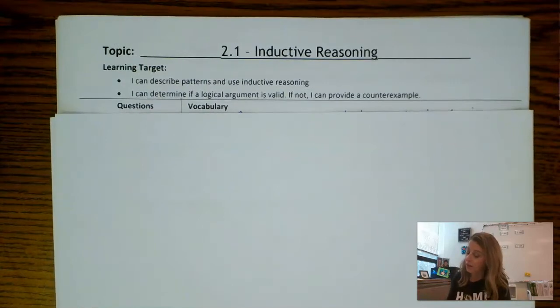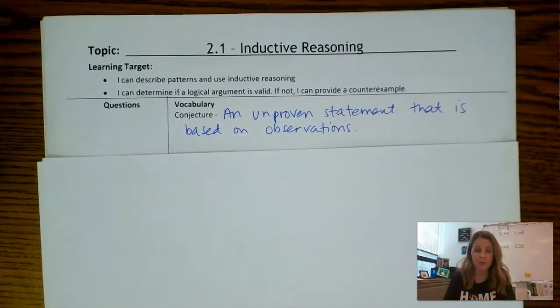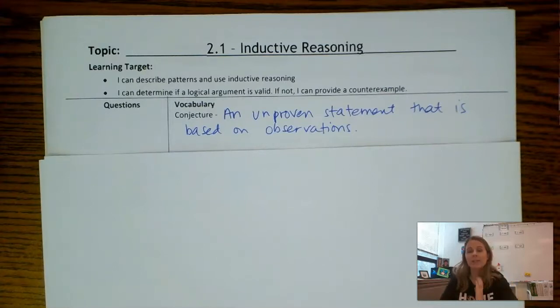So, all right, our first definition, conjecture. A conjecture is an unproven statement that is based on observations. So a conjecture is just something you say, or something you notice happening, you see a pattern happening, and you make a conjecture.